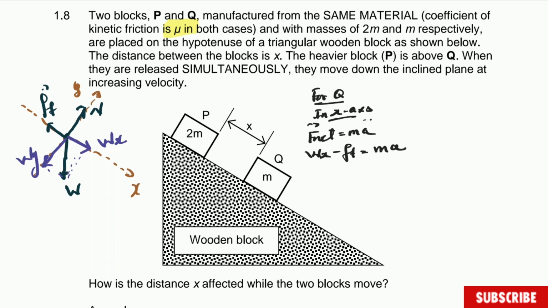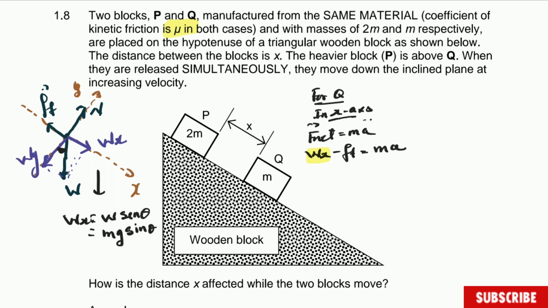But we don't have numbers here, only letters, so we have to get the weight in x. According to the diagram, the angle is this one, so it's the opposite. So weight in x is equal to weight multiplied by sin theta, whatever the angle is, which is mg sin theta.